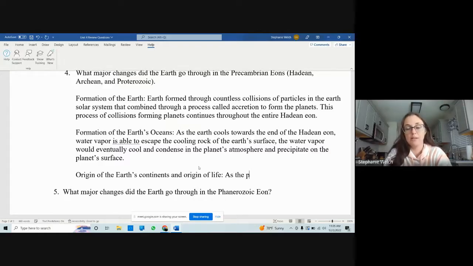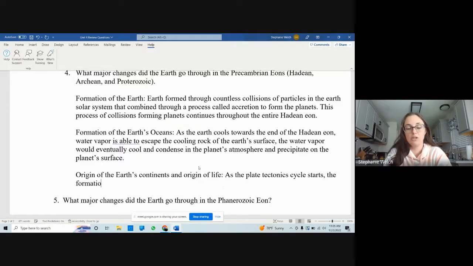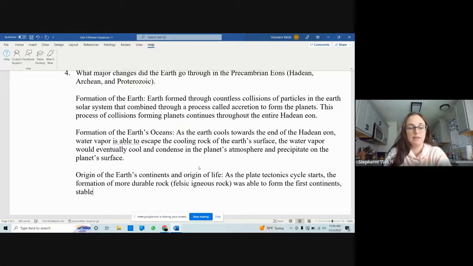So as the plate tectonic cycle starts, formation of more durable rock, this is felsic igneous rock, was able to form the first continents, stable, warm coastlines.